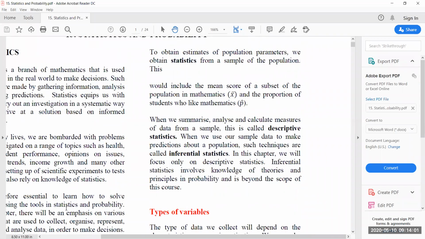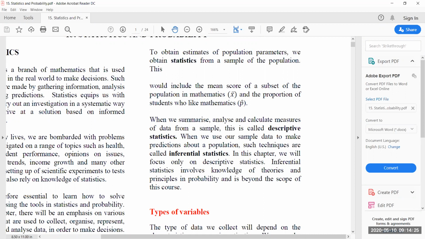To obtain estimates of population parameters, we obtain statistics from a sample of the population. This would include the mean score of a subset of the population in mathematics. Now, we can call this bar X. That symbol is represented as bar X. And the proportion of students who like mathematics, right?